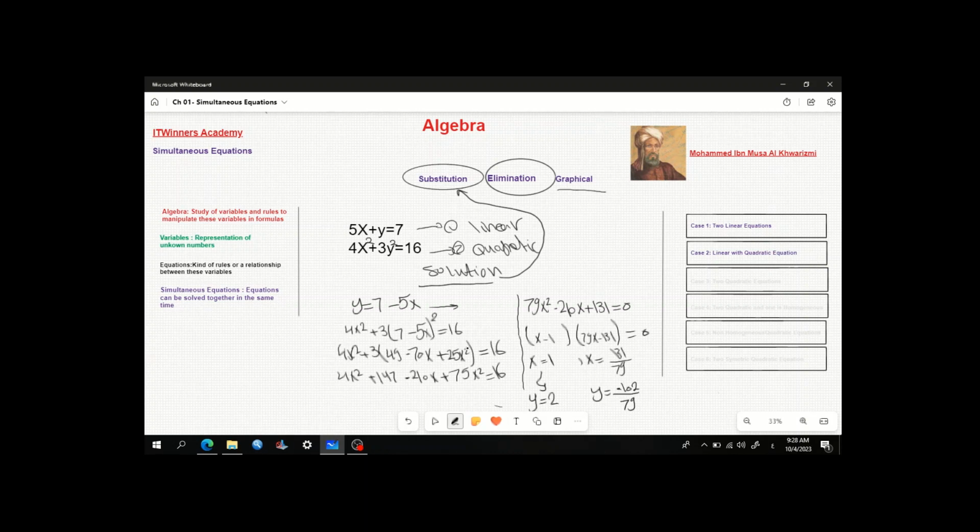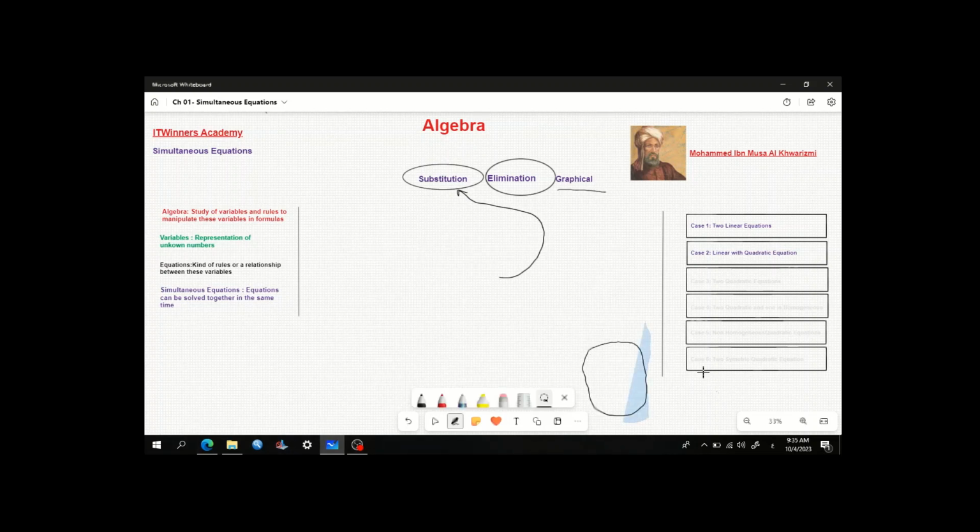So now I have 2 points, not a single point of solution. This point, and also this point.